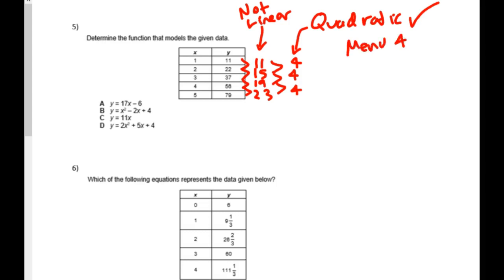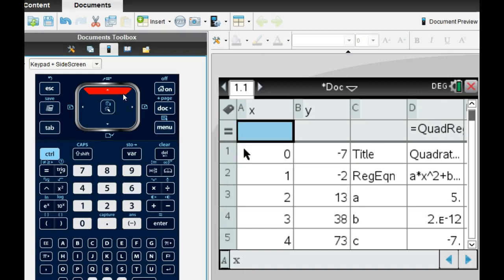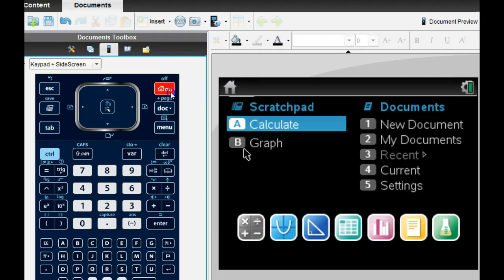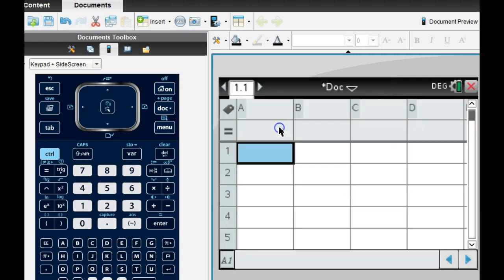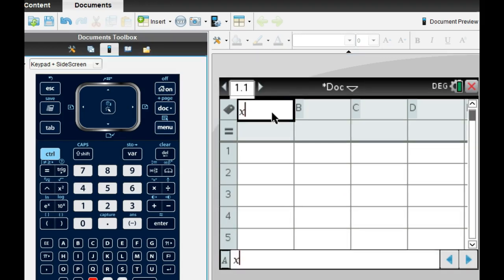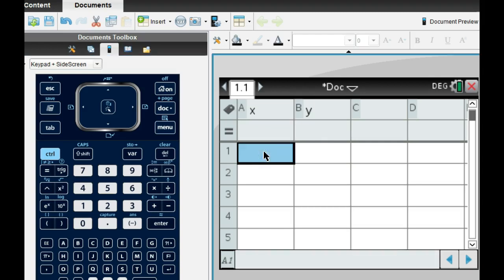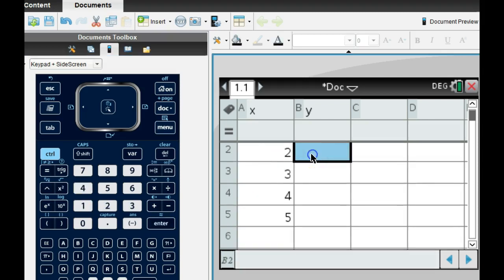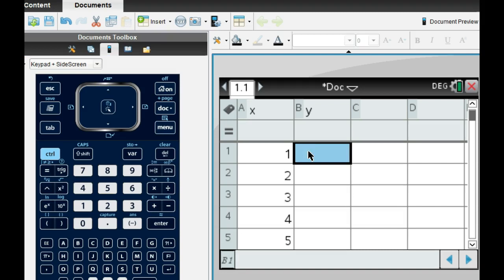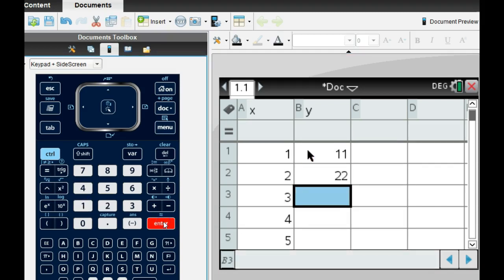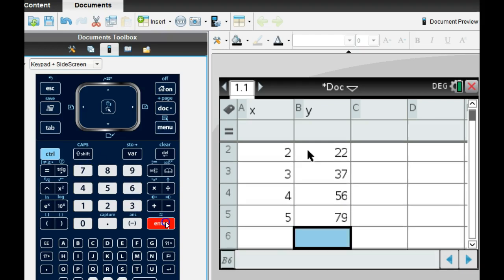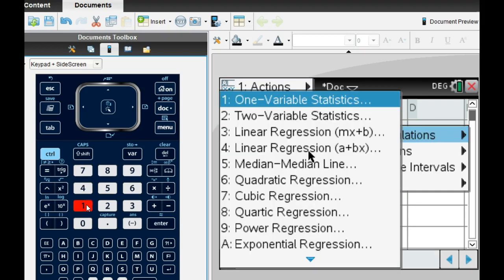Menu 416. So let's do that. X and Y. Quadratic is 6.